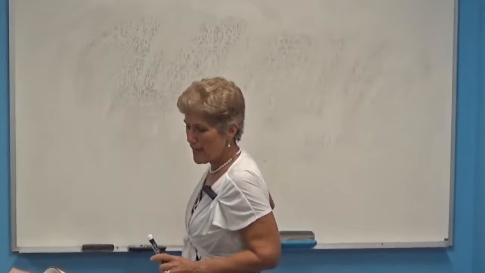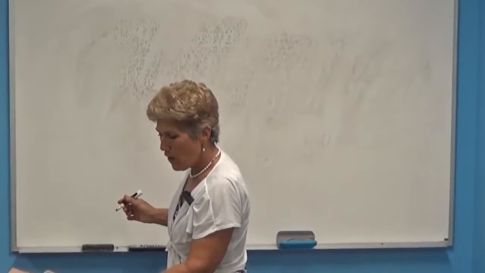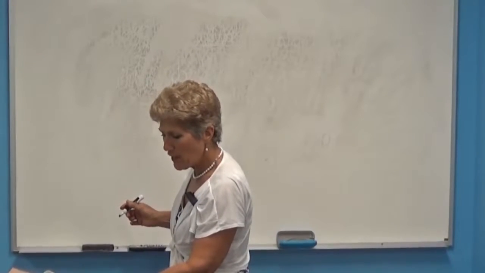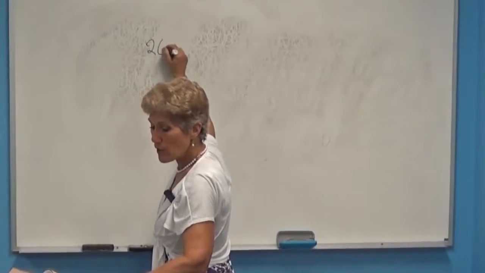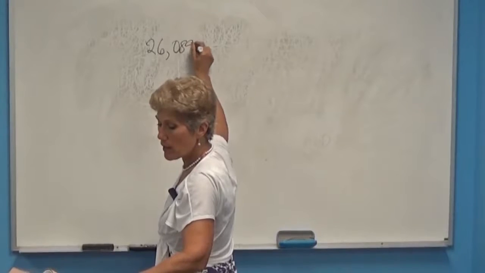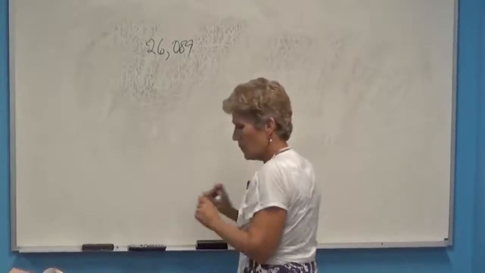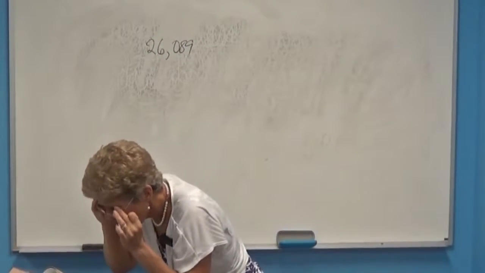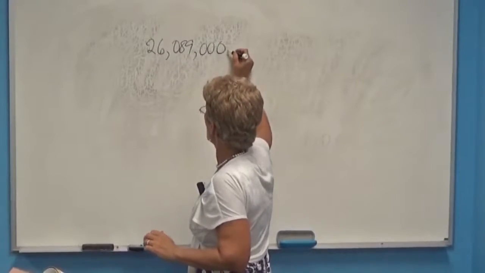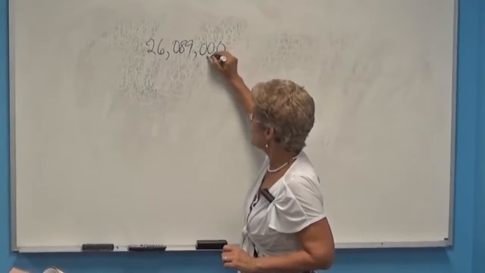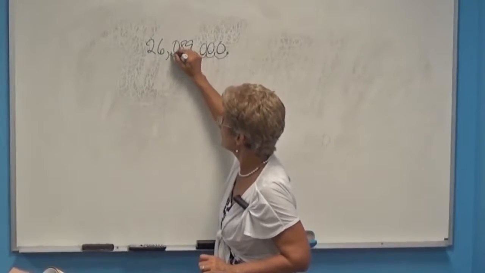And so let's look on page 28. On page 28, it says, convert the following numbers from decimals to scientific notation. The first one there we have 26,089,000. So our decimal back here, we're going to go 1, 2, 3, 4, 5, 6, 7.